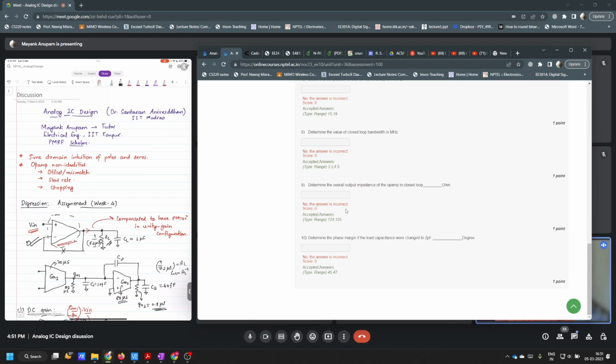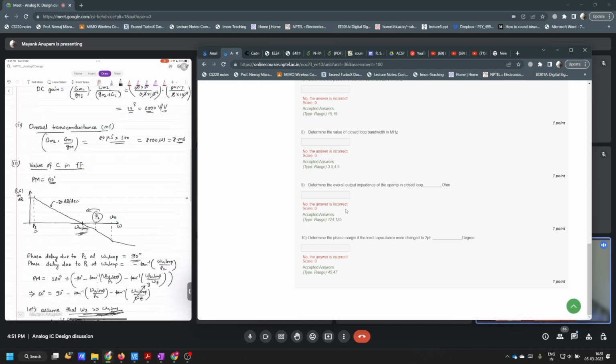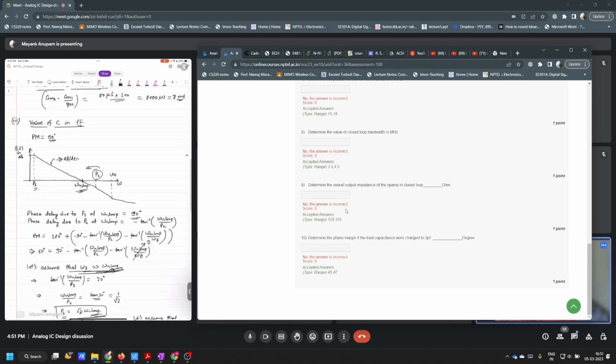Make approximations and calculate based on them. After that, check one by one whether the values you get justify the approximation or not. If they do not justify it, you'll have to go back and do the calculation without the assumption. If they justify it, then you're good.